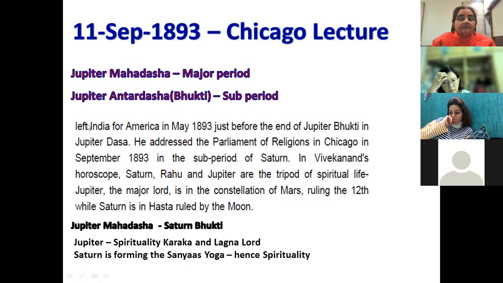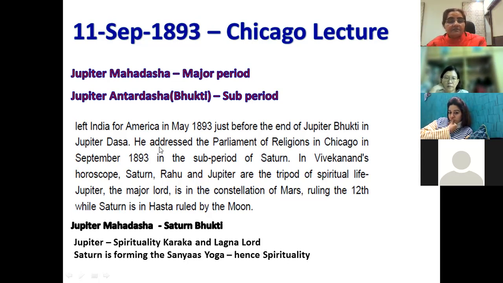He left India for America in May 1893, just before the end of Jupiter Bhukti in Jupiter Dasha. That means in Jupiter Dasha Bhukti, he left for America, because in those days they were traveling by ship, not by air.